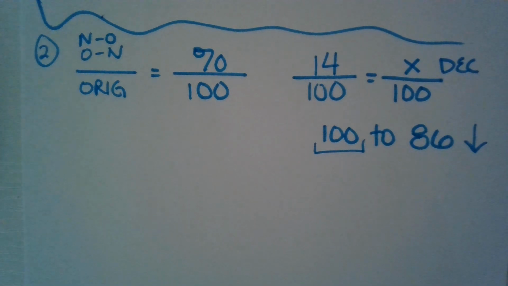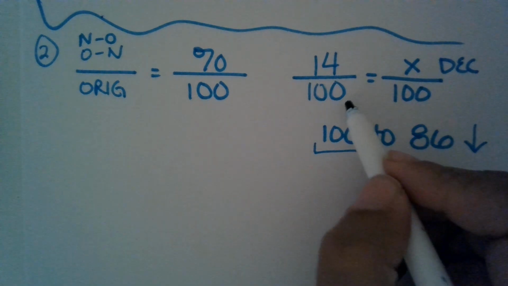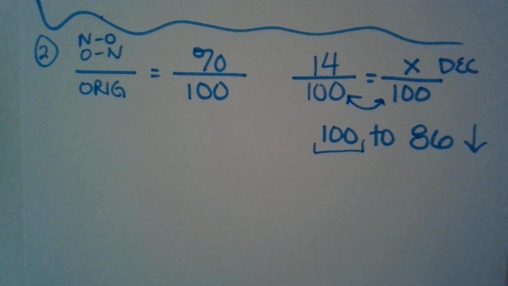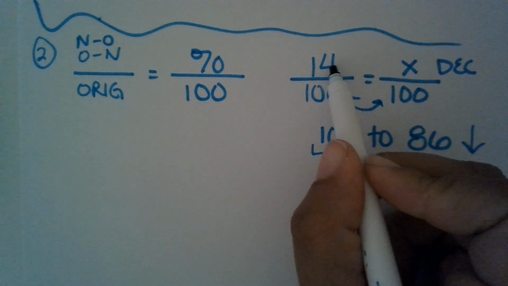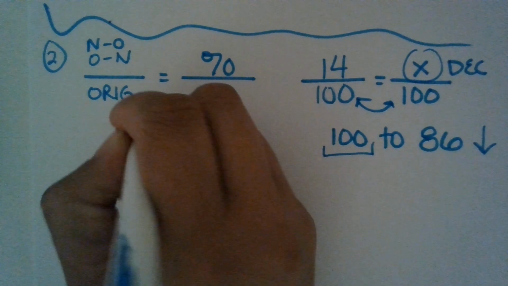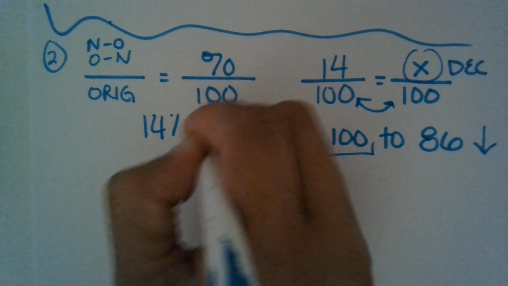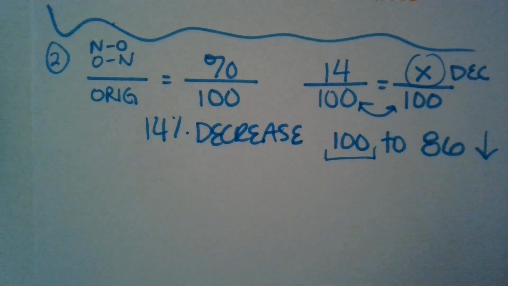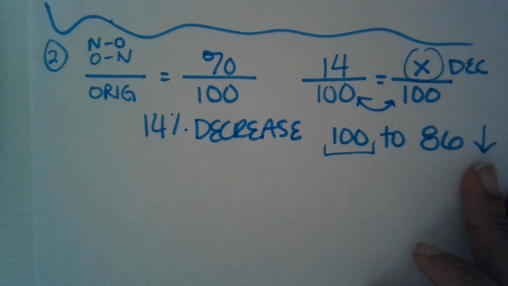Now, this one probably didn't require much work because I noticed the denominators are the same. They're both 100. So if this is 14, so is this. So there is a 14% decrease from 100 to 86.